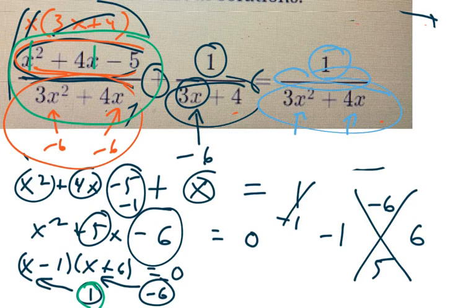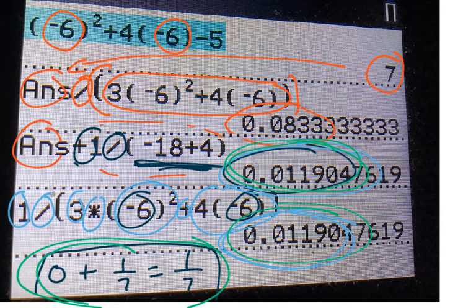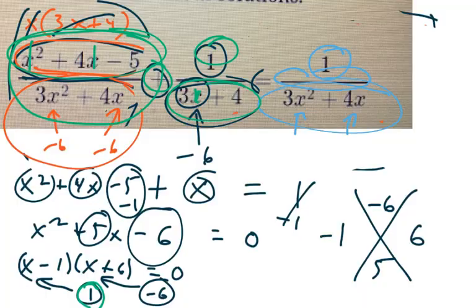And I end up getting a 0 plus 1 over 3 times 1, 3 plus 4, 7, right? So again, I'm just showing you that I actually went ahead and did it without a calculator, checking my answers. And of course, when I plug in 1 on the right side, I also get 1/7. So without a doubt, both of these work. If it didn't work, guys, it would be called an extraneous answer.